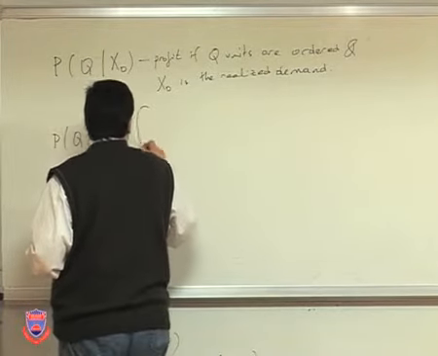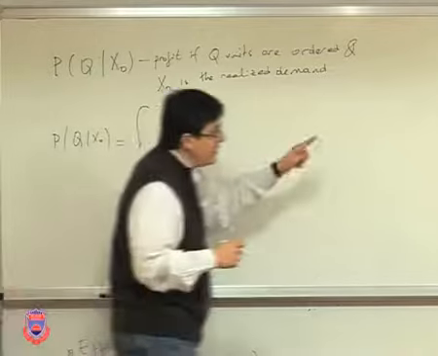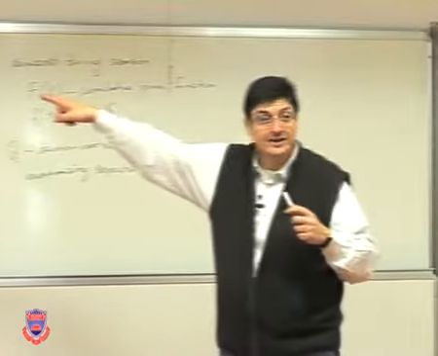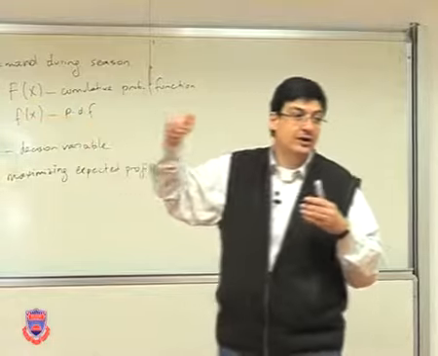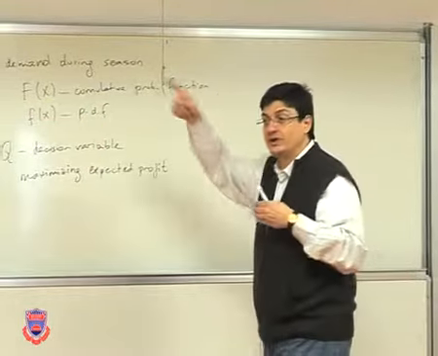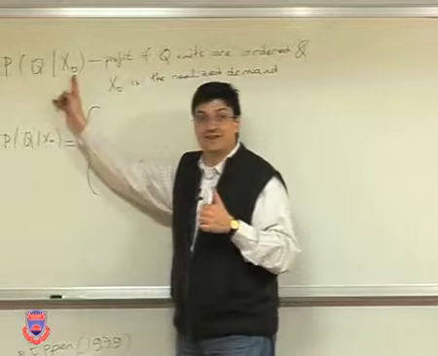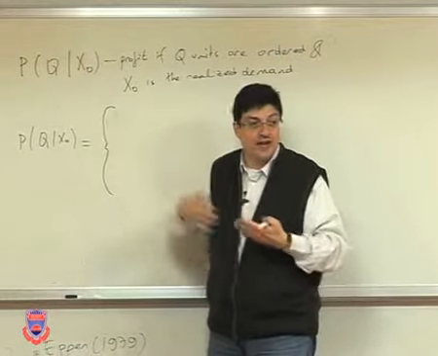Now, it turns out that the realized profit is going to have two different regions depending on Q being greater than the demand or less than or equal to demand. In other words, if you ordered more than the realized demand, what will happen?